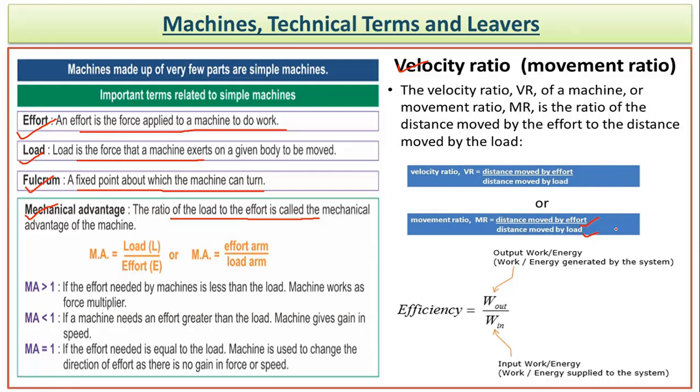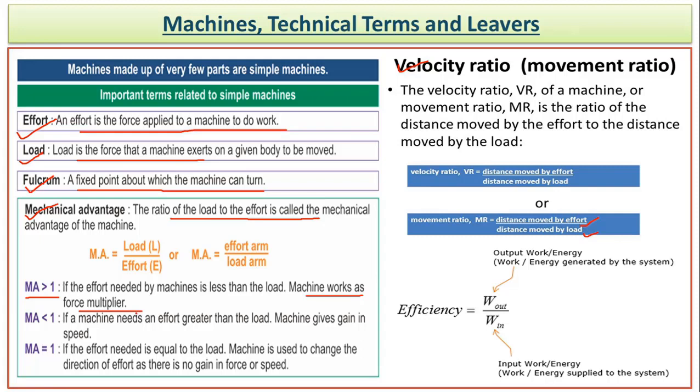Both mechanical advantage and velocity ratio are compared with 1. When mechanical advantage or velocity ratio is greater than 1, it means that the machine is a force multiplier. In simple words, you can say the machine enhances the force to do the work.